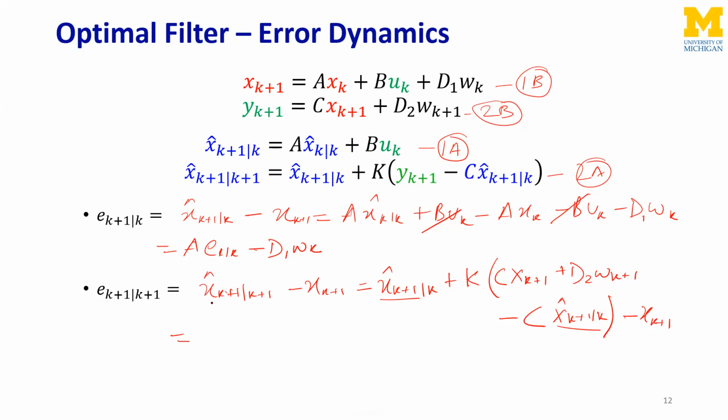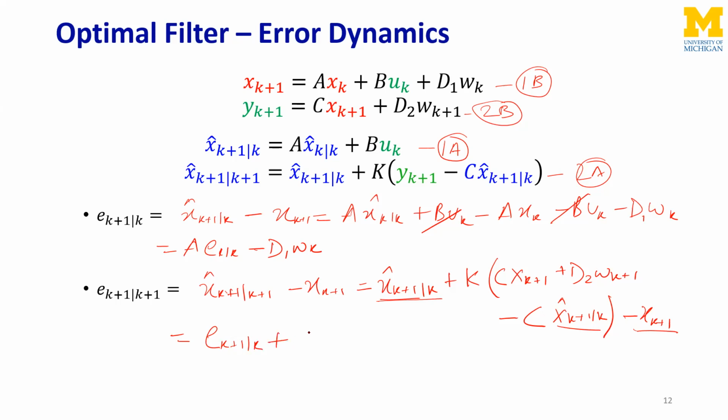Okay, so I have x hat k plus 1 given k plus 1. I have K times this term minus this and minus x k plus 1. Great. So this term and this term give me e k plus 1 given k. Yeah, I was going the wrong way.